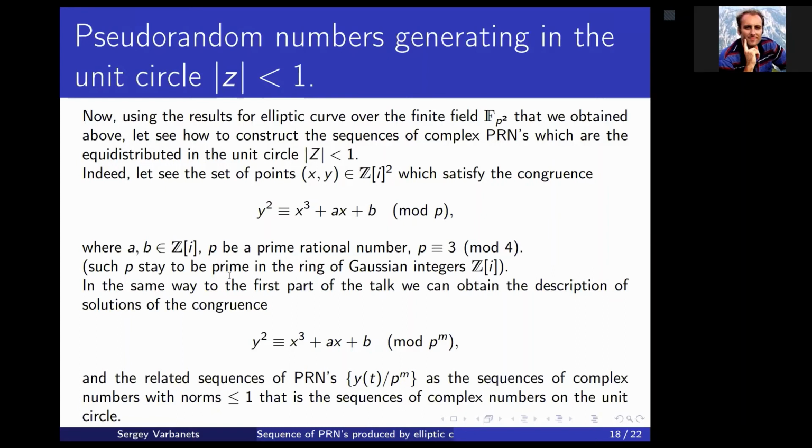In the same way as in the first part of my talk, we can obtain the description of solutions of the following congruence and the related sequences of pseudorandom numbers as sequences of complex numbers with norm less than or equal to 1, that is, sequences of complex numbers on the unit circle.